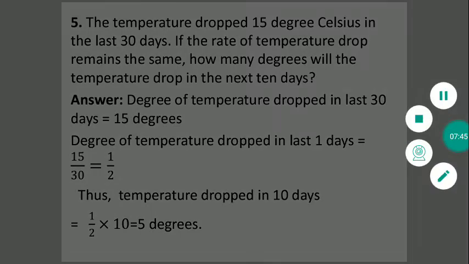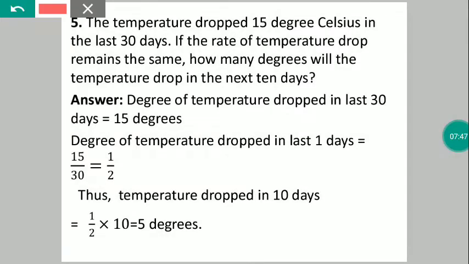Now question number 5. The temperature dropped 15 degrees Celsius in the last 30 days. If the rate of temperature drop remains the same, how many degrees will the temperature drop in the next 10 days? Now the temperature drop in the last 30 days is equal to 15 degrees.